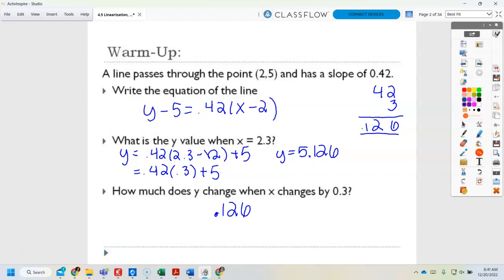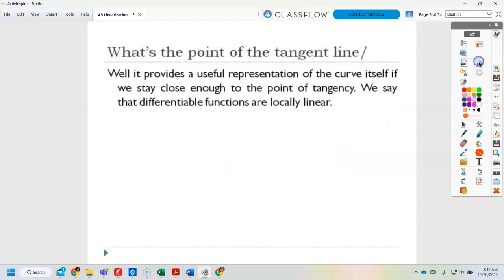If you were to write out 0.126 and divide it by 0.3, guess what number you're going to get? 0.42. Because that 0.42 ultimately comes back to it as a slope. So change in y over change in x ultimately comes back to our slope. So again, everything is sort of coming full circle.